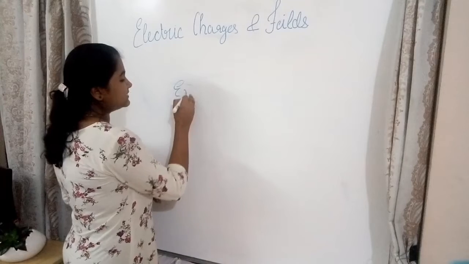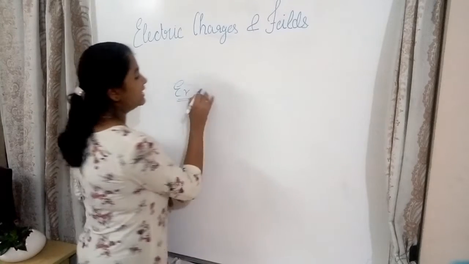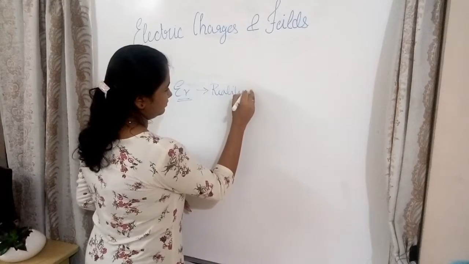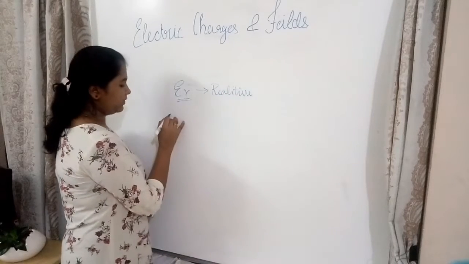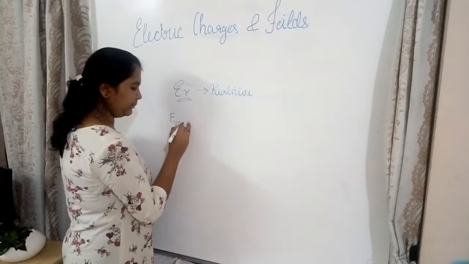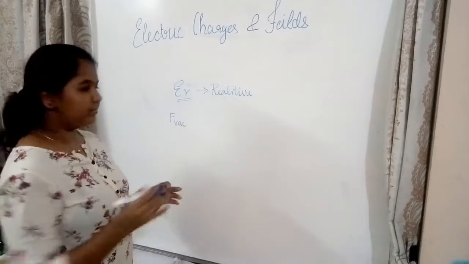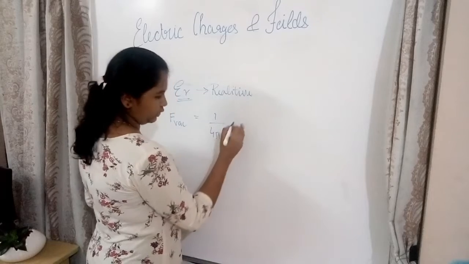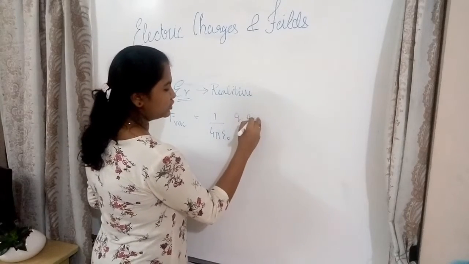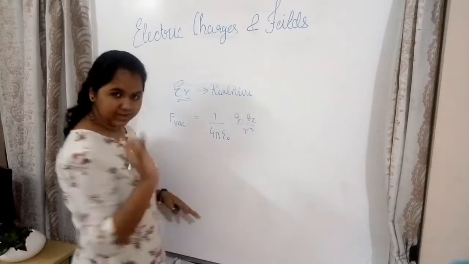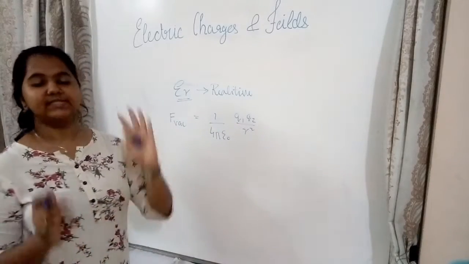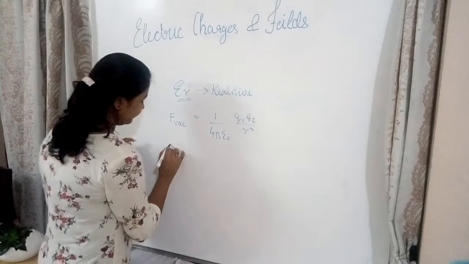Okay. So epsilon R, I told you, that is relative permittivity. So what is F vacuum? That is 1 by 4 pi epsilon 0 Q1 Q2 divided by R square. If the same force at the same distance is kept in a medium, what would happen?